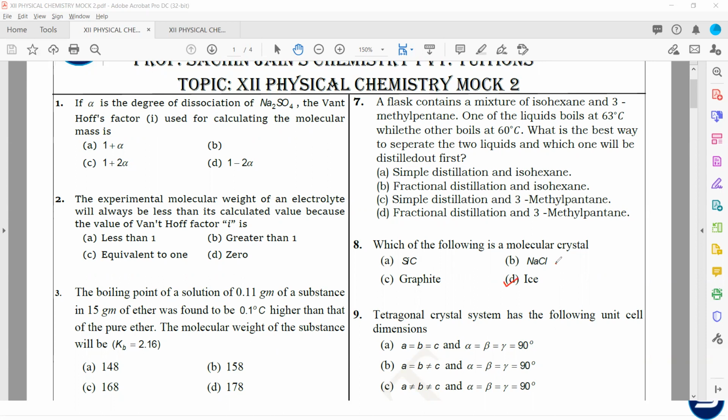Ionic solid. SiC, covalent. Silicon carbide, which is also called carborundum, is a covalent crystal. And graphite, covalent, made up of non-metal atoms, so it's a covalent crystal. Silicon carbide is an important example of covalent.